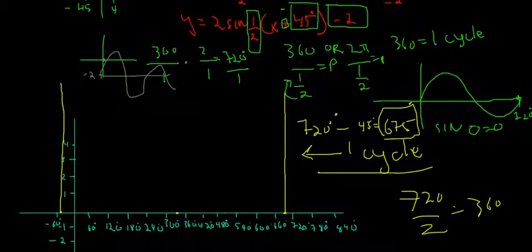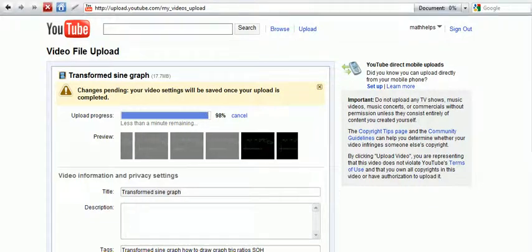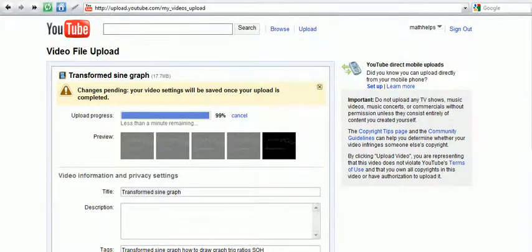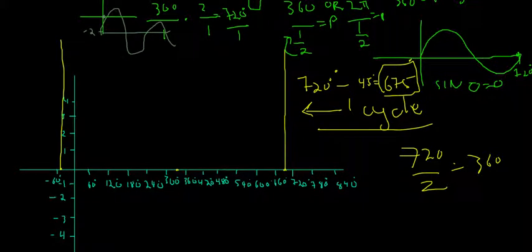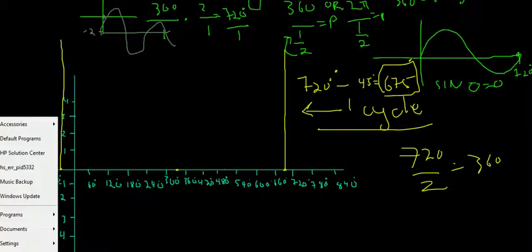Because it's the halfway between these two points. So what's half of these two points? Half of these two points will be your maximum point, and the other half will be your minimum point.